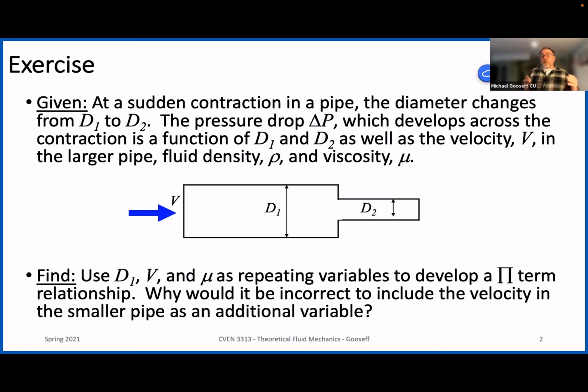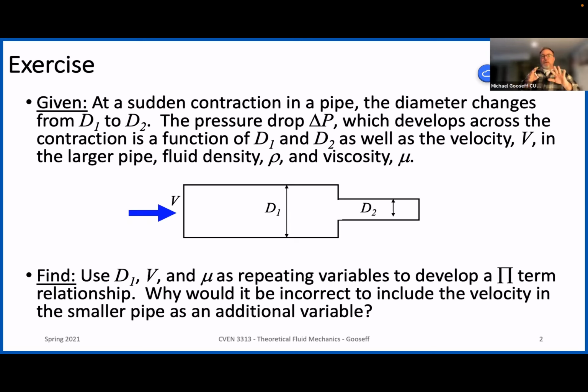And so of course, the pressure change across the contraction will very much depend on each of these diameters, as well as the velocity V in the larger pipe. Now, if we're already including D1 and D2, we can relate the two velocities. So if we're accounting for both dimensions, we don't necessarily have to account for both velocities.